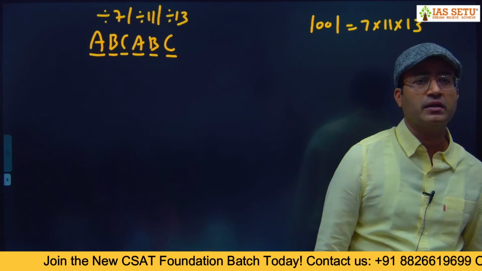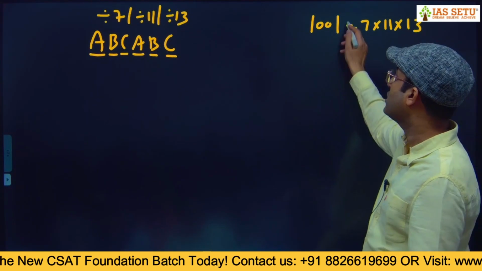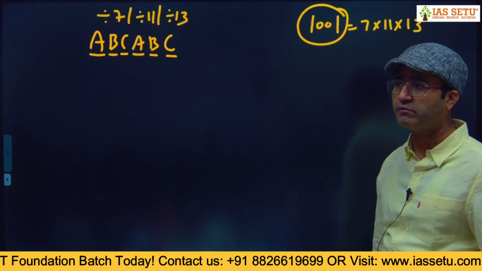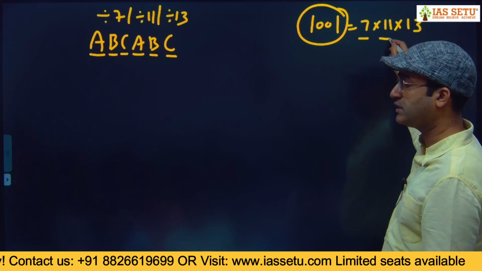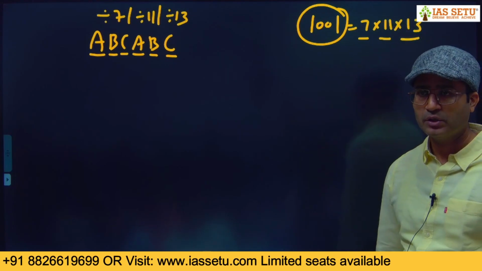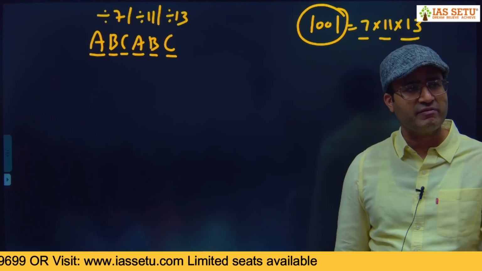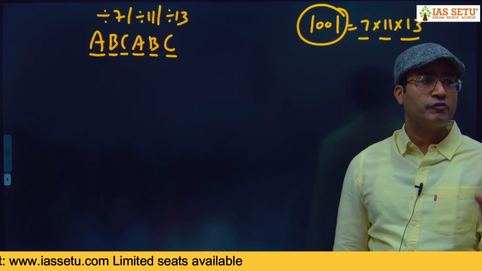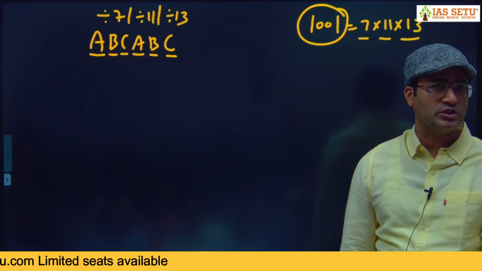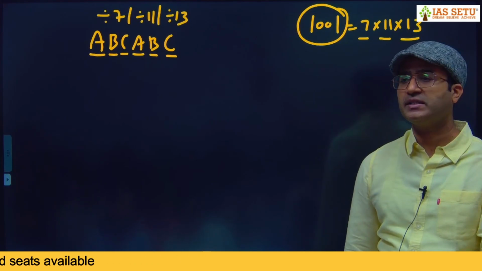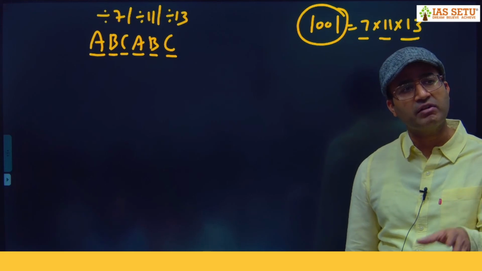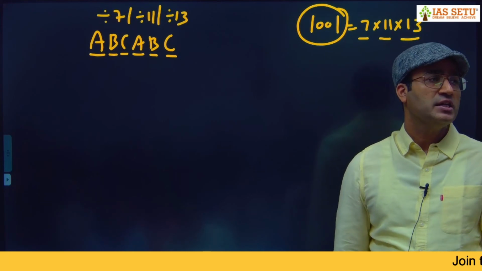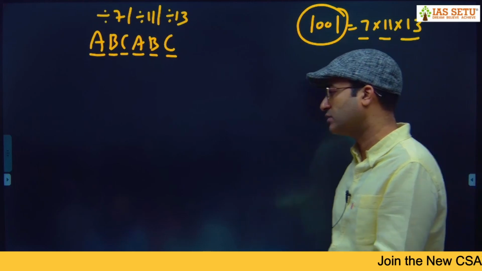So meaning hereby, any number which is divisible by 1001, you can guarantee is divisible by 7 as well as 11 as well as 13. Because 1001 is a multiple of 7, 11, 13 only. क्योंकि ये 1001, 7, 11, 13 को मिला के ही बनता है. 7 into 11 into 13 is 1001.